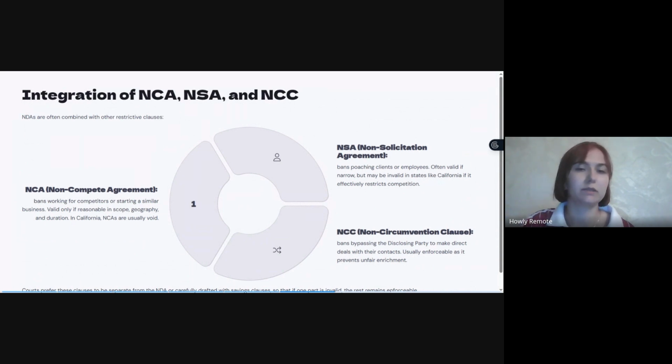Non-compete agreements, NCA, stop the receiving party from working with competitors. These are valid if reasonable, but not in all jurisdictions. As I mentioned before, California is such a jurisdiction.